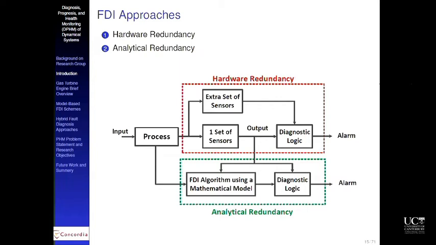Hardware redundancy is very common, it's very simple, but it is not feasible for all systems because of cost and weight considerations. Hardware redundancy says, okay, for every actuator, for every sensor, just add another redundant one. This is desirable for space applications. When you send a probe, you don't have a maintenance guy along with the probe, so you need to make sure that there is redundancy.